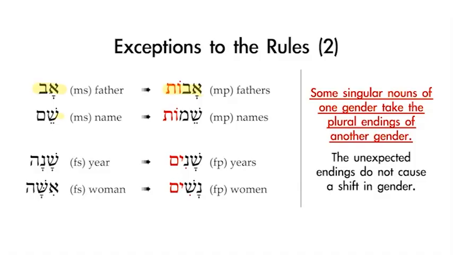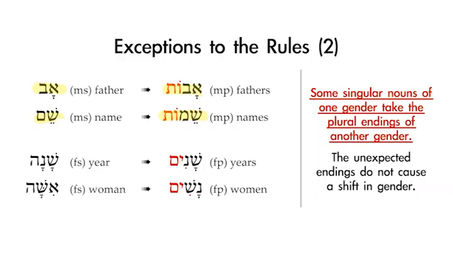The second example, shem, which means name, is a masculine noun, but it occurs with the feminine plural endings. So don't be caught off guard with some of these nouns when they take endings you don't expect. The lower 2 examples, shana and isha, are feminine singular nouns that end in qamets he, so you'd expect them to have holem vav tav endings, but they don't.